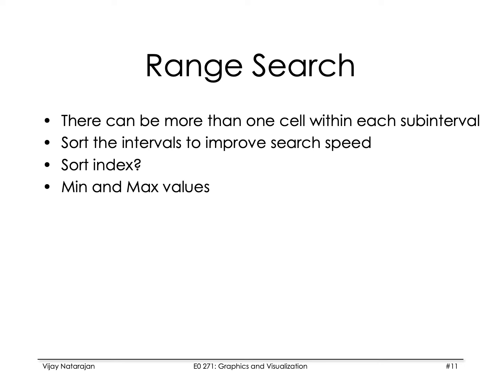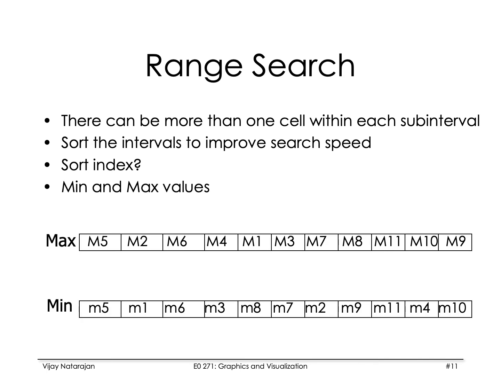So the question is, how do I sort them? What is the sort index? Well, I could use the min values to sort or the max values to sort, or use both. So let's say I sort all the intervals once with respect to the max value and once with respect to the min value. Now let's say I have identified the subinterval.